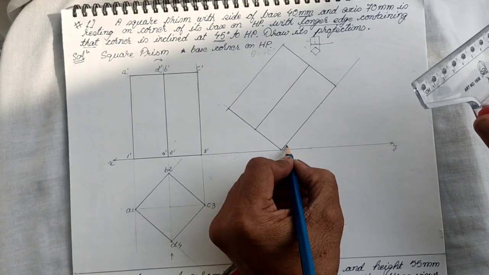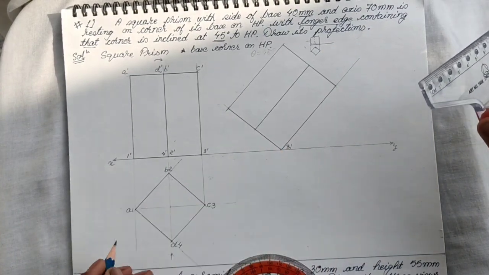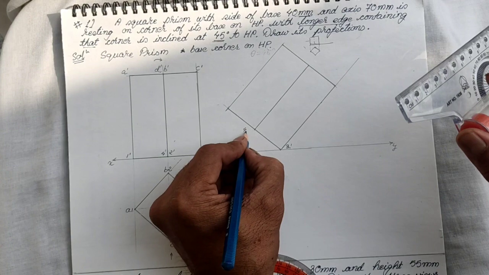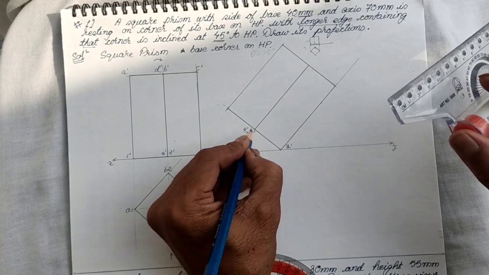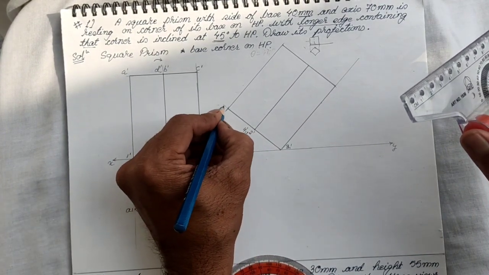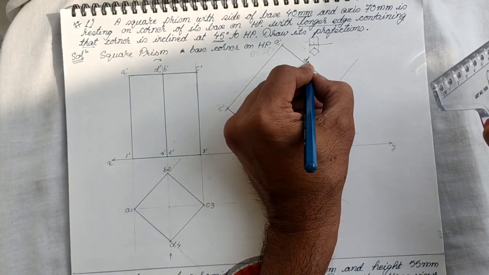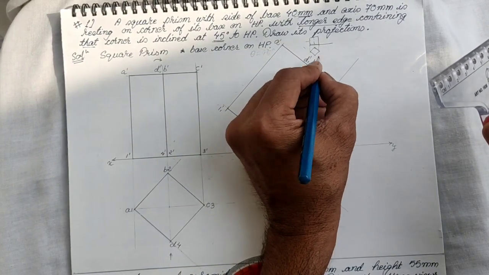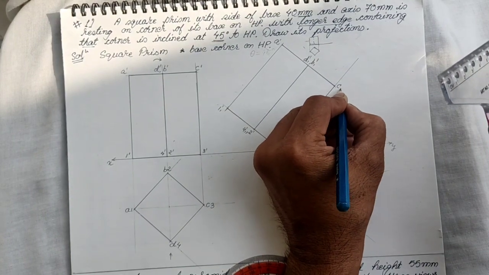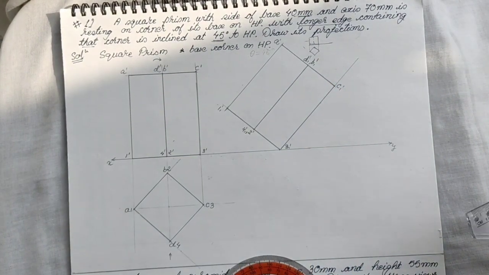So this is 3-1 dash, this is 4-1 dash, 2-1 dash, this is 1-1 dash, this is A1 dash, D1 dash, B1 dash, and this is C1 dash, right?